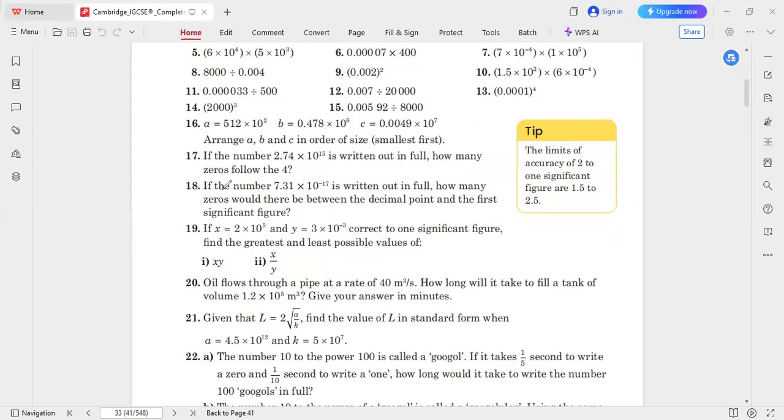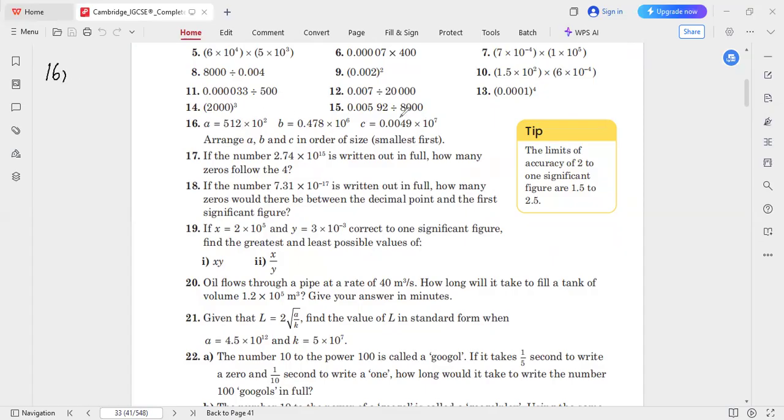If you want to write them in order of size, it is better to change them all into simple numbers, or full form, and then check which number is the smaller one and which is the larger one. You can have this practice as well.